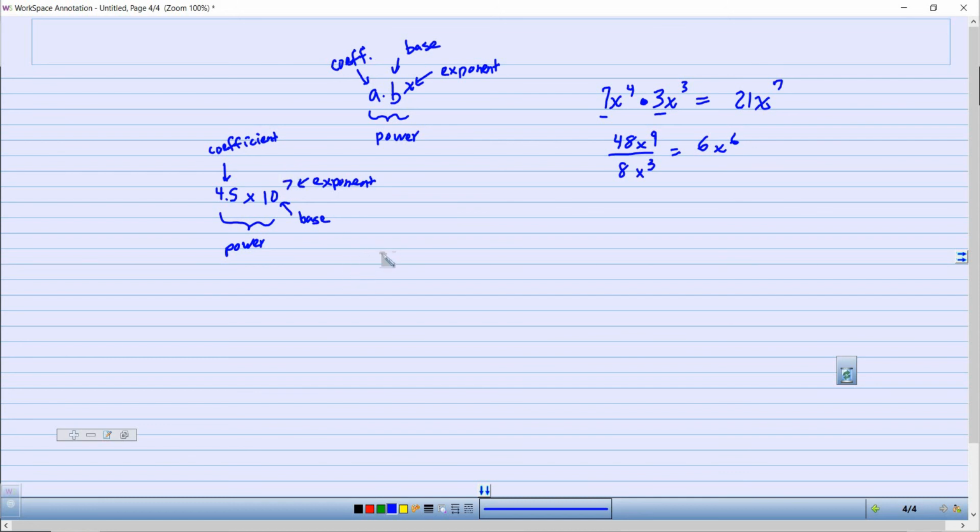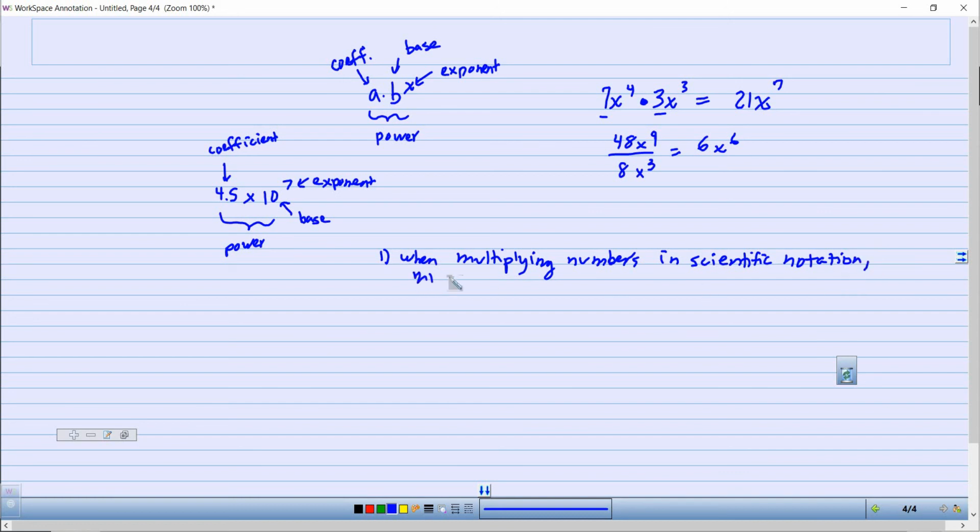Okay, so in fact, let me write that down. When multiplying numbers in scientific notation, what are we going to do?